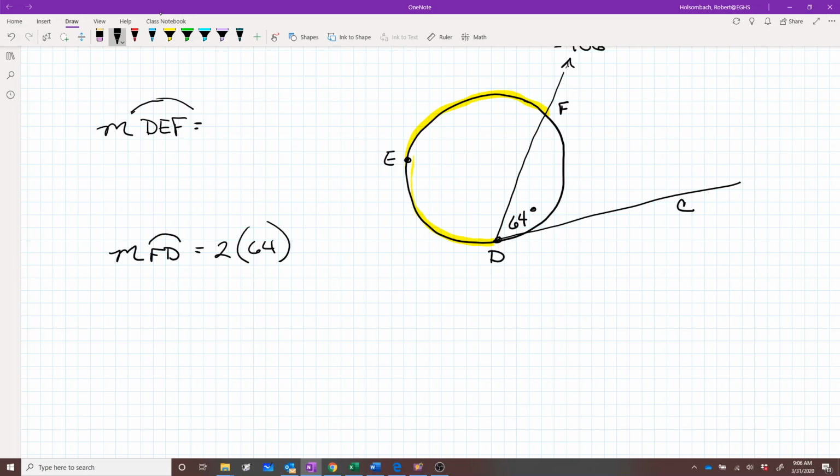So the measure of arc FD is going to be equal to 128 degrees. So this green arc is going to be 128 degrees, which makes the measure of DEF equal to 360 minus 128. So that makes arc DEF equal to 232 degrees.